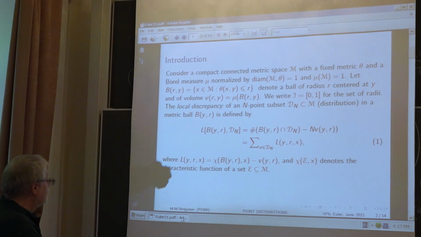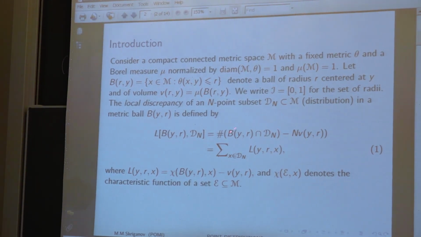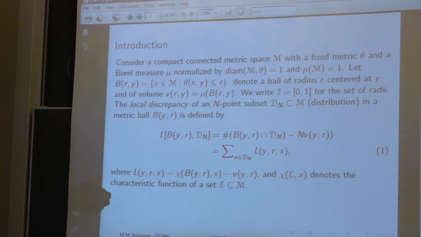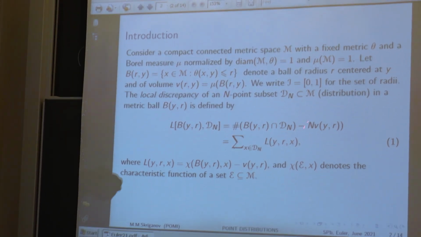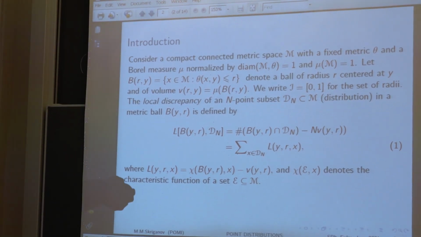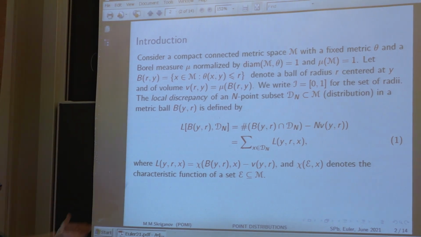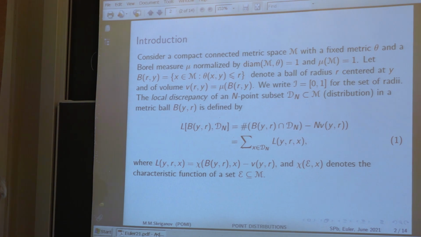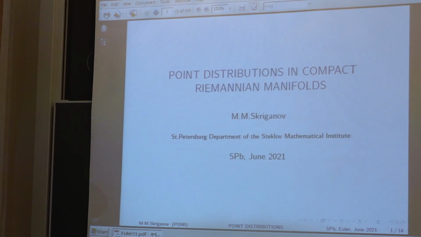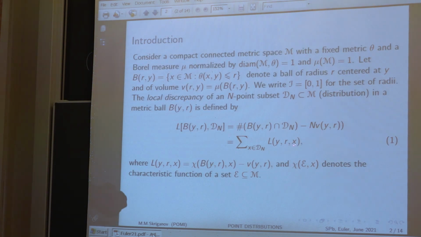So we calculate the real number of points inside the ball, minus the expectation of this value, volume n times volume of this ball, and this is by definition the local discrepancy. This is a function of the radius and the center of the ball.